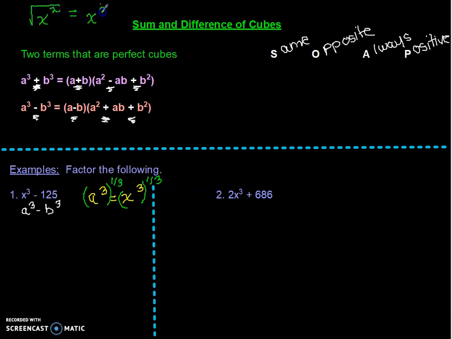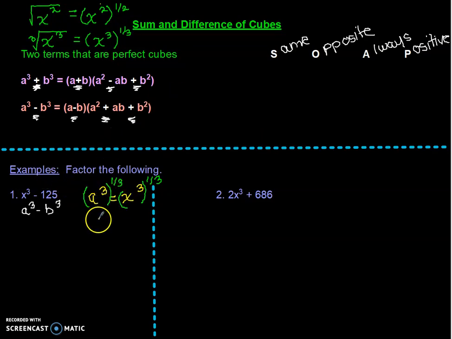A square root is nothing more than a power of 1/2. So if I wanted to get rid of a cube, I would give it a cube root. And a cube root is nothing more than a power of 1/3. Just like a fourth root is a power of 1/4, a fifth root is 1/5, and so forth.